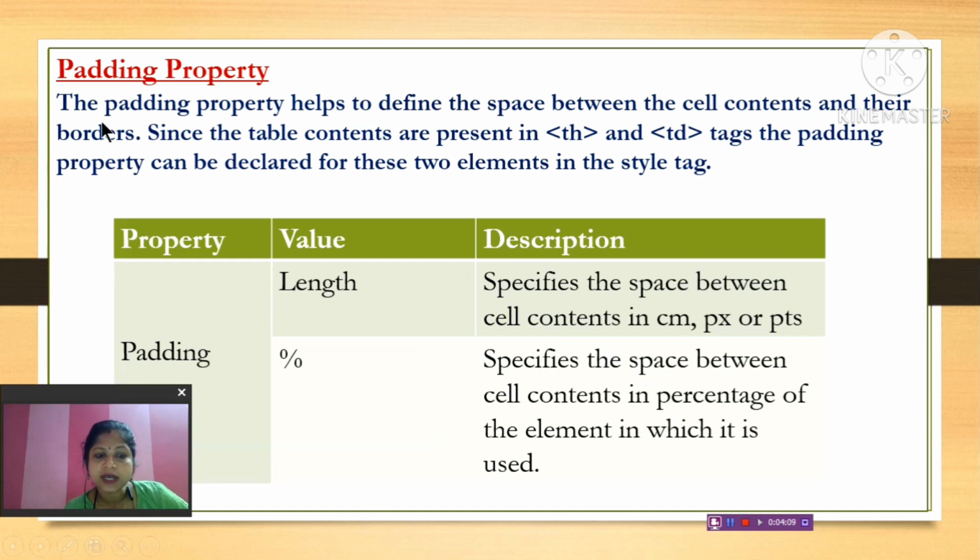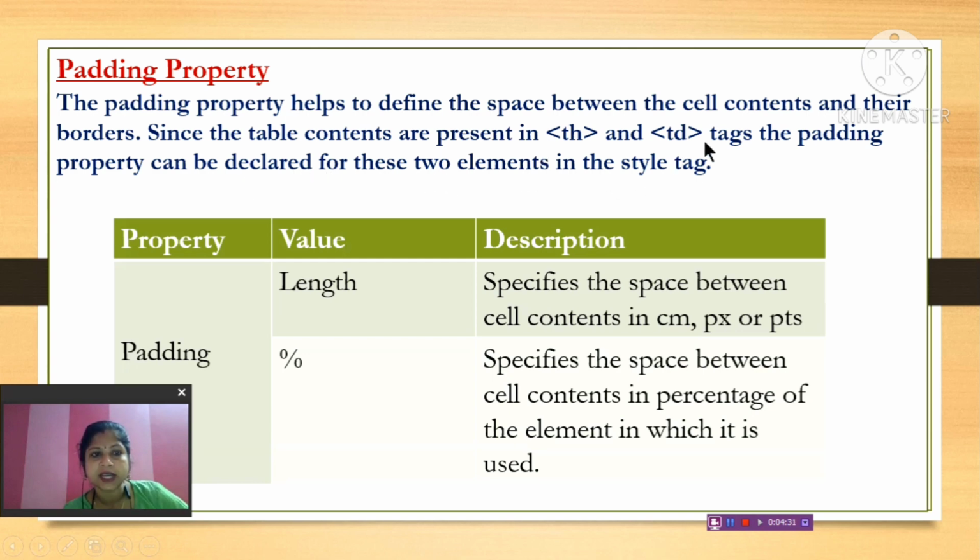Next, padding property. Actually, what is padding? Padding is the distance between the cell border and the cell contents. The padding property helps to define the space between the cell contents and their borders. Since the table contents are present in TH and TD, as all of you know, the padding property can be declared for these two elements in the style tag.